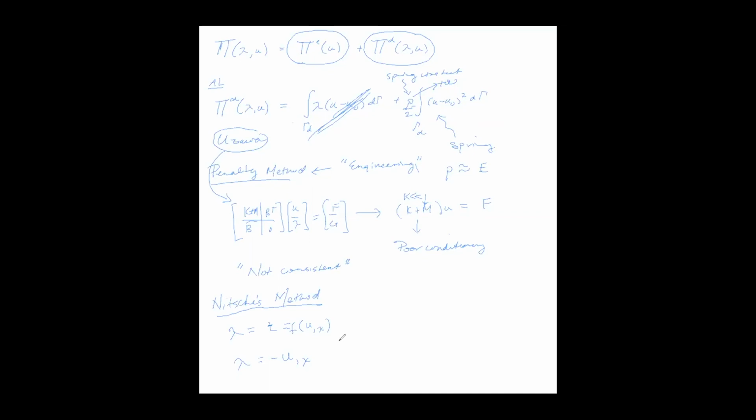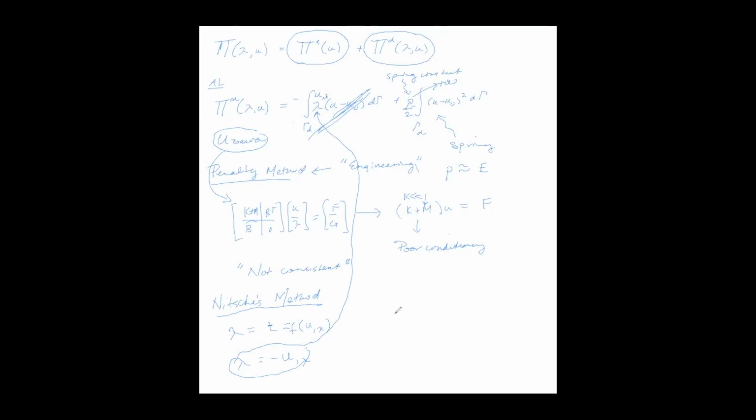So all that Nitsche's method does is it takes this and comes up here and removes lambda by putting in minus u comma x. Now our Lagrange multipliers are replaced by derivatives.